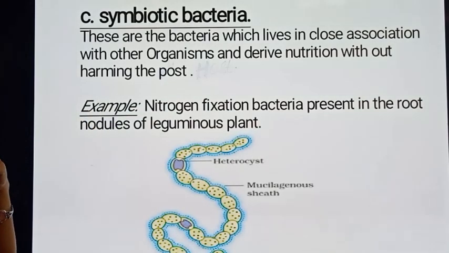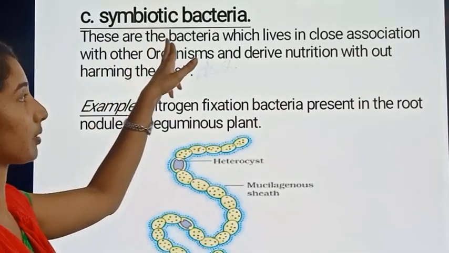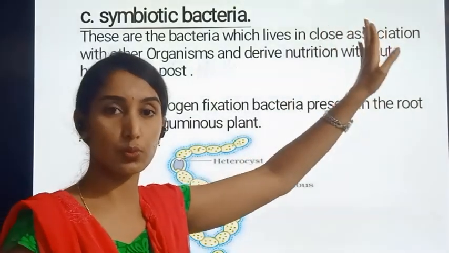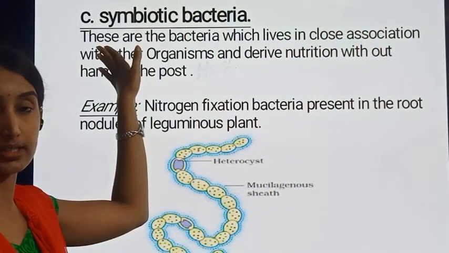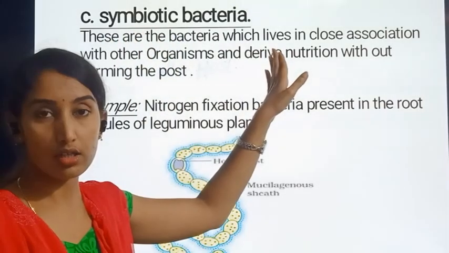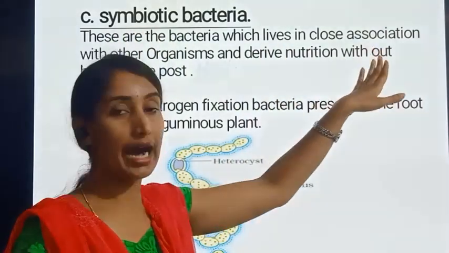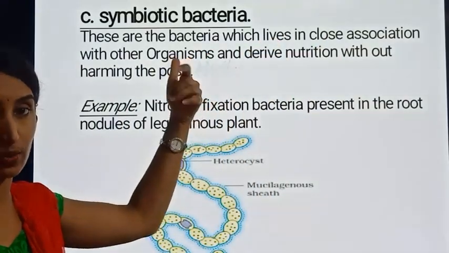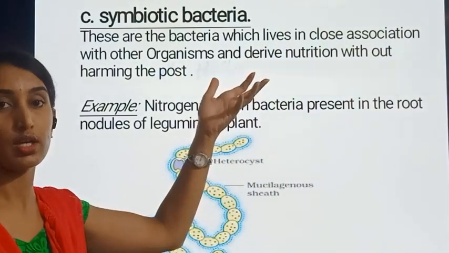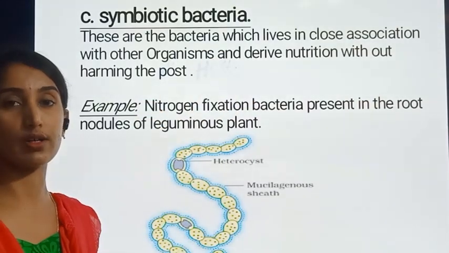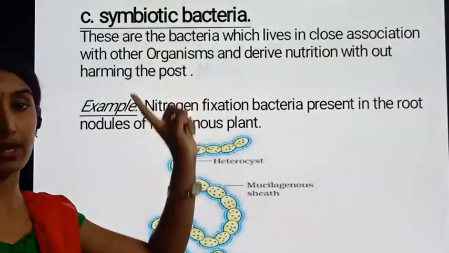We'll get a clear picture. These bacteria are closely associated with other organisms for deriving nutrition without harming the host, where they live; that is called the host. Without harming the host, they derive the nutrition; that is called symbiotic bacteria.